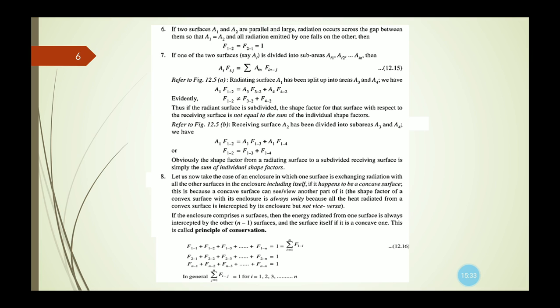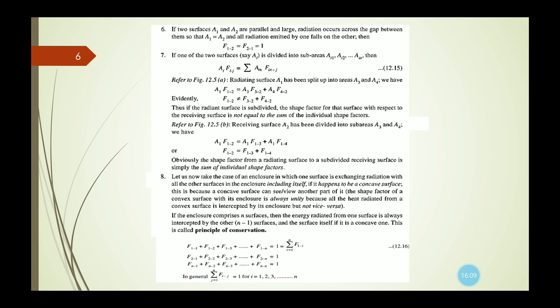So firstly, there is the principle of conservation. Here we have considered a case of an enclosure in which one surface is exchanging radiation with all the other surfaces in the enclosure, including itself if it happens to be a concave surface. This is because a concave surface can see another part of itself. The shape factor of a convex surface with its enclosure is always unity because all the heat radiated from a convex surface is intercepted by its enclosure, but not vice versa.